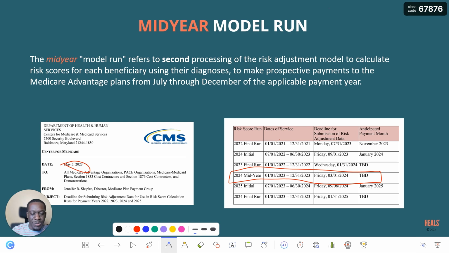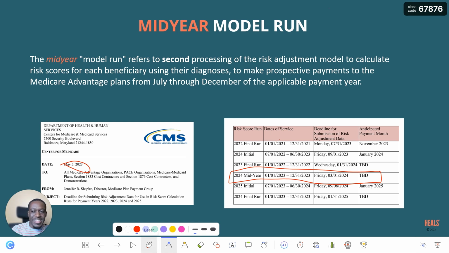Mid-year is important because as you are making decisions and planning for your revenue cycle and your risk adjustment resources, it helps to know when it's run, what data feeds into it, and what data needs to be submitted.